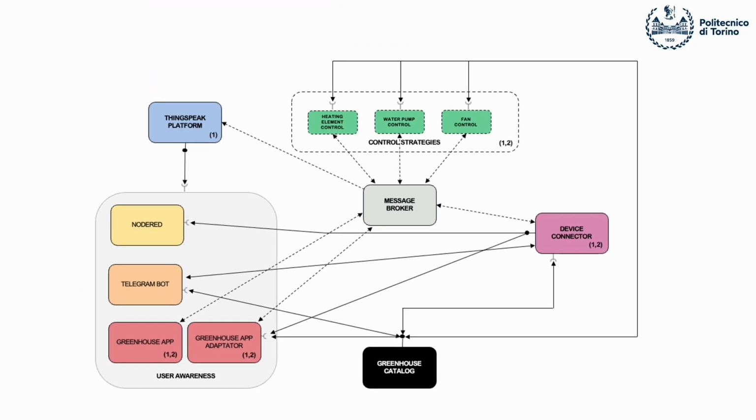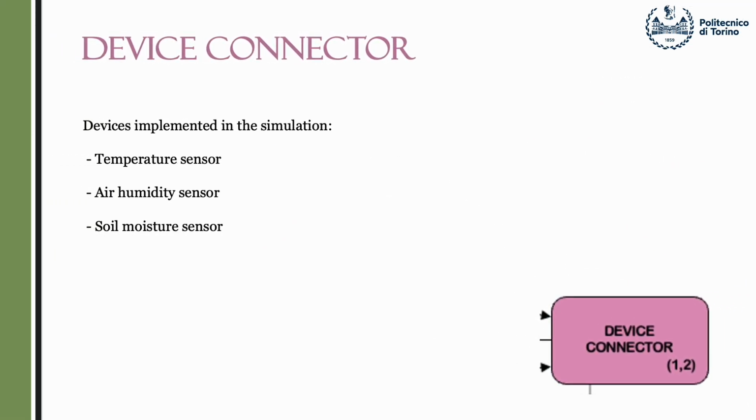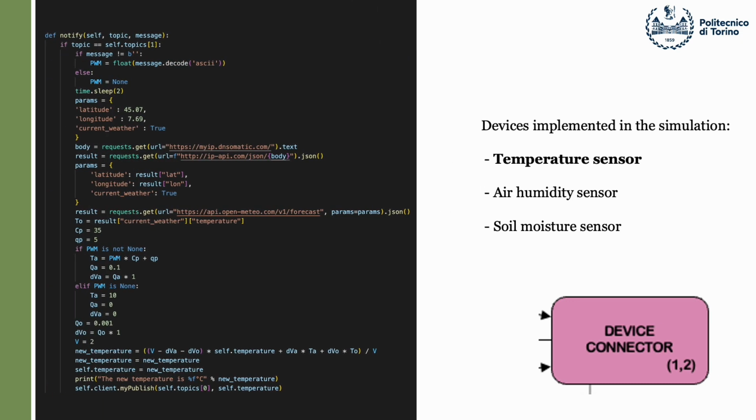In the project, we implemented and simulated three devices: the temperature sensor, the air humidity sensor, and the soil moisture sensor. In each device connector's logic, we instantiate the class of the representing sensor. The notify function is the main function of the temperature sensor's class.